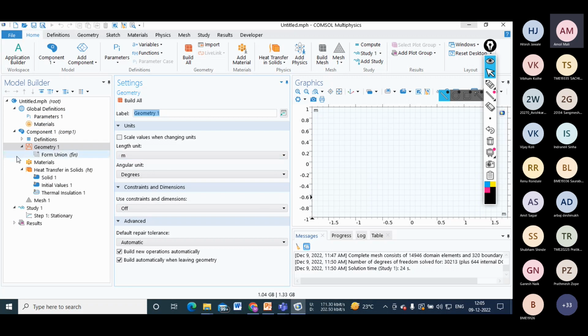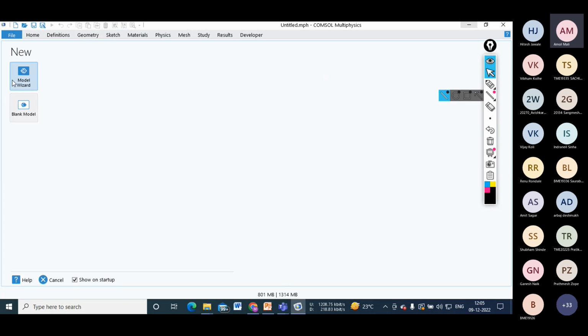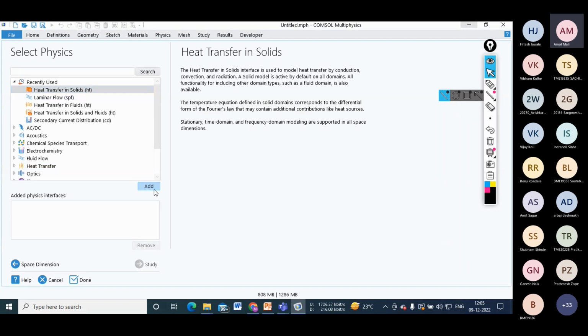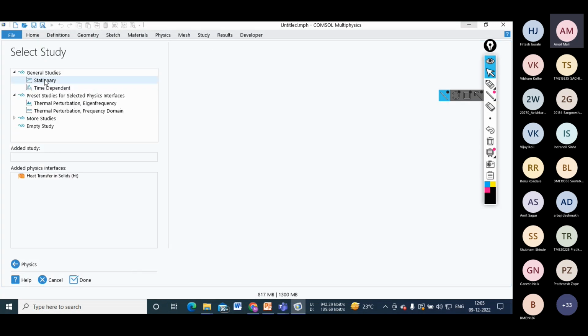So here you need to click on New, then Model Wizard, then 2D. The reason behind moving towards 2D is time, and also in the problem they have mentioned to solve by 2D. Okay, so you have to click on heat transfer in solids. Next to that you have to click on Study and Stationary.